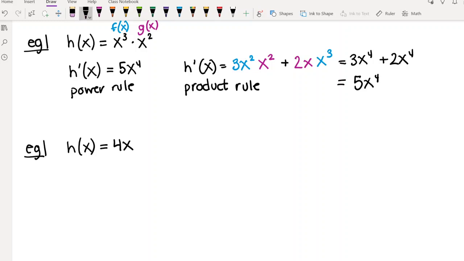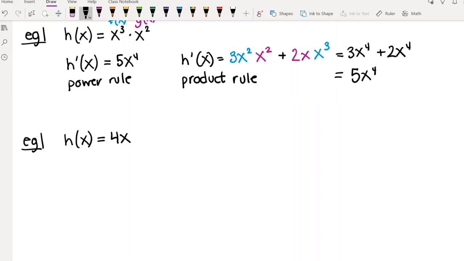You can just take that constant aside and take the derivative of the other part. Or in this case, because it's just a linear function, you could also just think of it as the slope of the linear function. But the more generalizable way of doing this would be saying, okay, the derivative of this is going to be 4 times the derivative of x, which is 1. So I'm just left with 4.